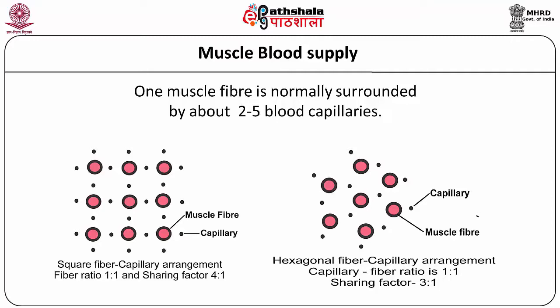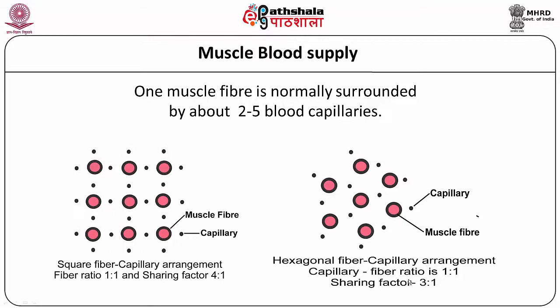The square type of capillary arrangement has a fiber ratio of 1:1 and a sharing factor of 4:1. One particular muscle fiber is surrounded by 4 capillaries, so the sharing factor is 4:1. 4 capillaries to supply one muscle fiber. And the architecture, if we combine all the muscle fibers, looks like this.